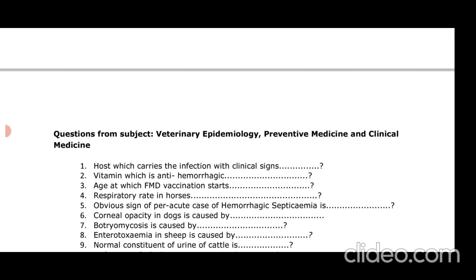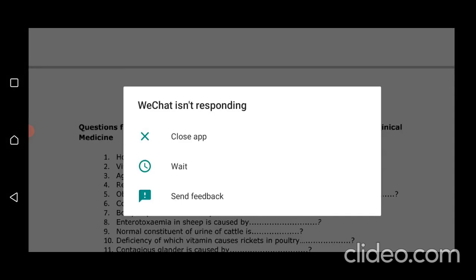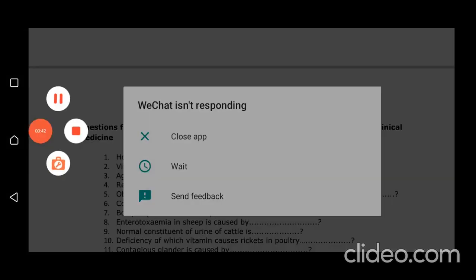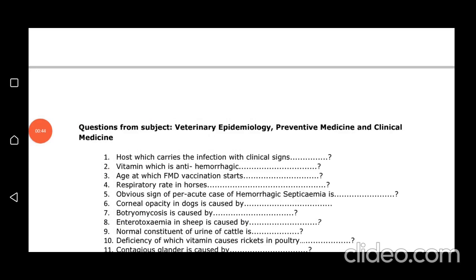Corneal opacity in dogs is caused by Trypanosoma evansi. Botryomycosis is caused by Staphylococcus aureus. Enterotoxemia in sheep is caused by Clostridium perfringens. Normal constituent of urine of cattle is urea.